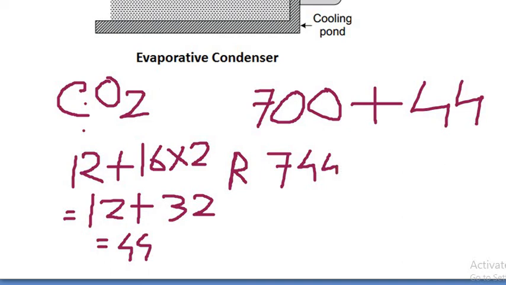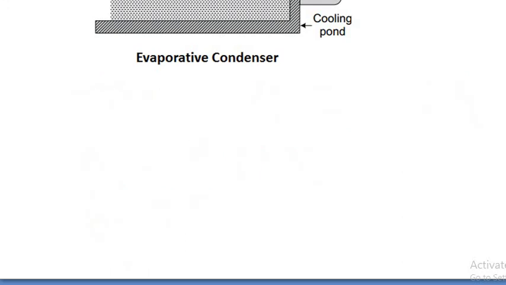Okay, and the next important topic is the greenhouse effect. Today in air pollution, this is the main important part, the main hot topic, hot cake. You can control the hot cake for the environment or for any environment studies. What is the greenhouse effect?